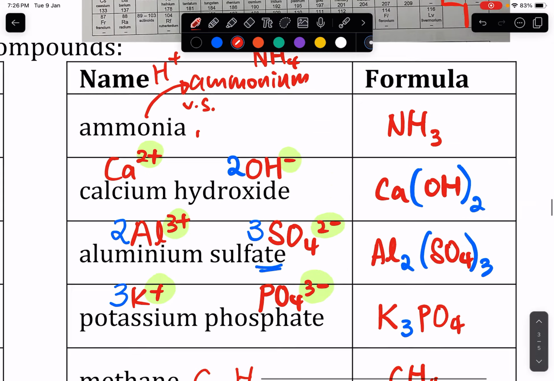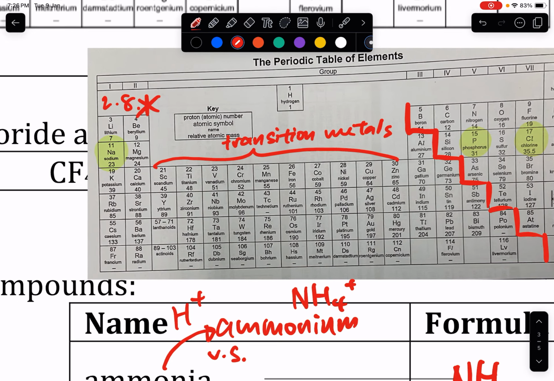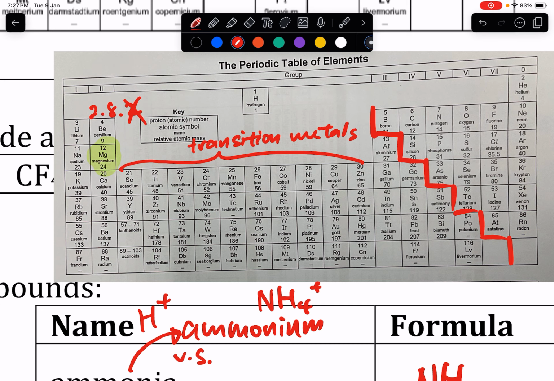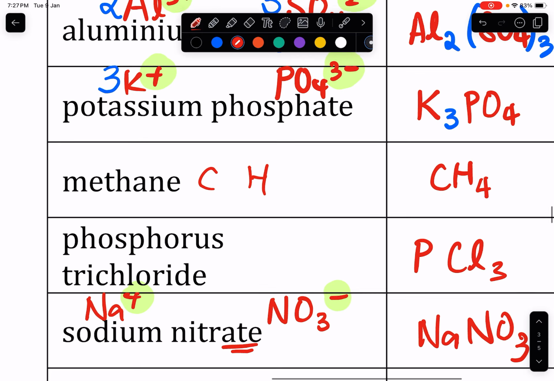Last question. I have magnesium sulfate. Again, sulfate ends with ATE, which means it's a polyatomic ion. Magnesium is over here, so that's 2,8,2. It will need to lose 2 valence electrons, so it forms Mg2+.